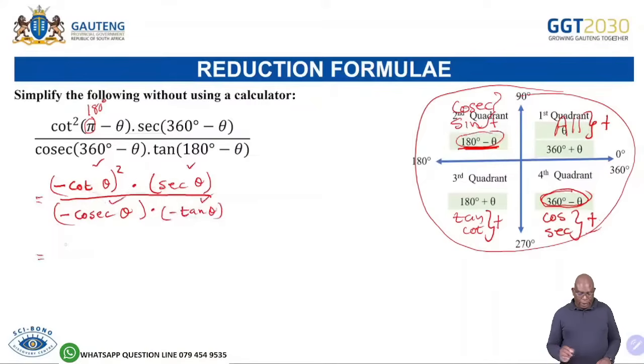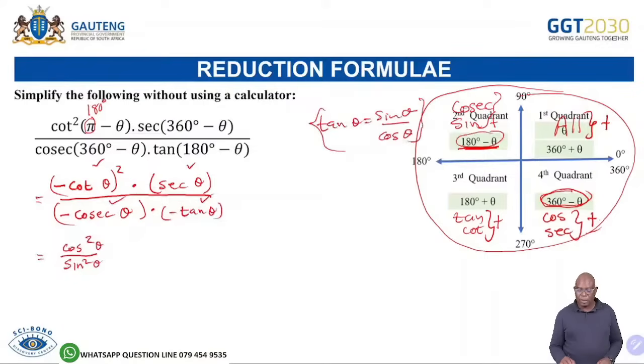Now, look at this. It's going to be cot squared of theta. But the cot squared of theta can be changed to cos squared of theta over sine squared of theta. Remember tangent of theta is sine theta over cos theta, which means that if it's cot, then it will be cos theta over sine theta.